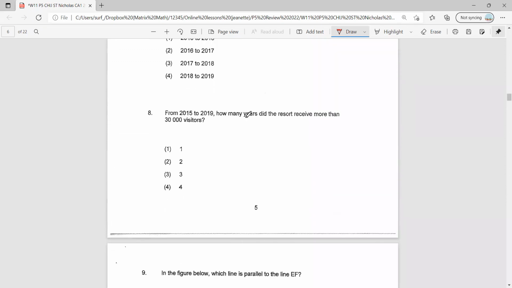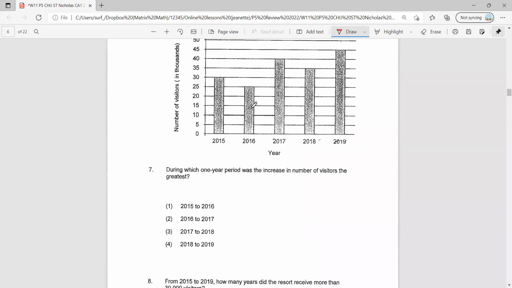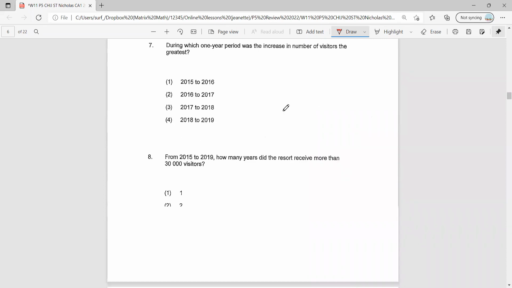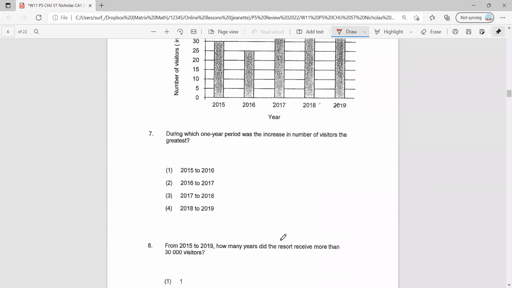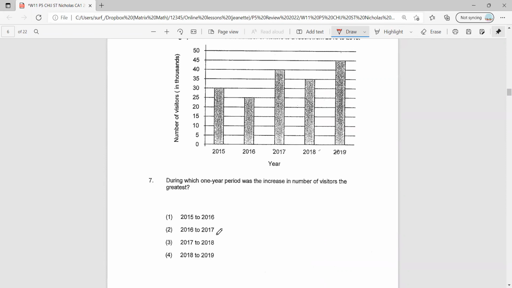They never give picture. This one. Question 5. Look at this one. So they ask how many years did they receive more than 30,000? Can you tell me which year is more than 30,000? None of them?